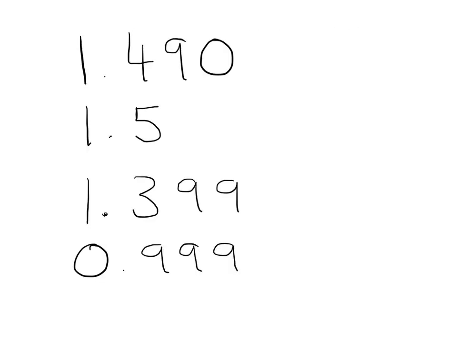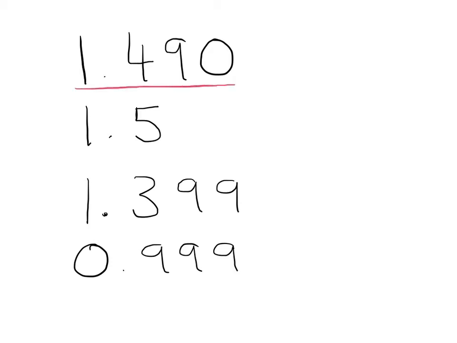In front of us here we have some decimals to 3 decimal places. We have 1.490, 1.5, 1.399, and 0.99. Let's say I asked you this question: how many tenths are in total in this number here?